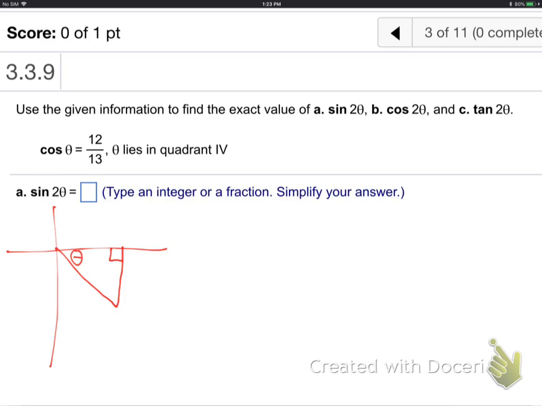Cosine is adjacent over hypotenuse. So the adjacent is 12, the hypotenuse is 13.